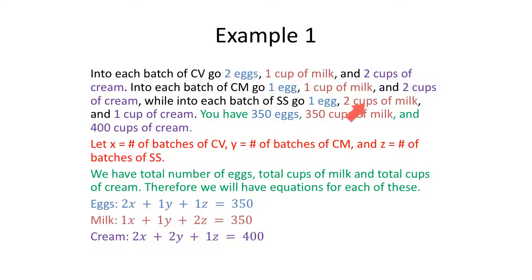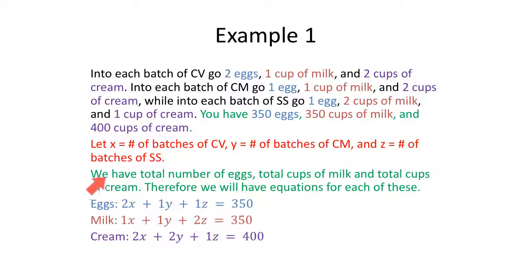And 2 cups of milk for succulent strawberry, with a total of 350 cups of milk. Finally, creamy vanilla has 2 cups of cream, continental mocha has 2 cups of cream, and succulent strawberry has 1 cup of cream, for a total of 400 cups of cream.